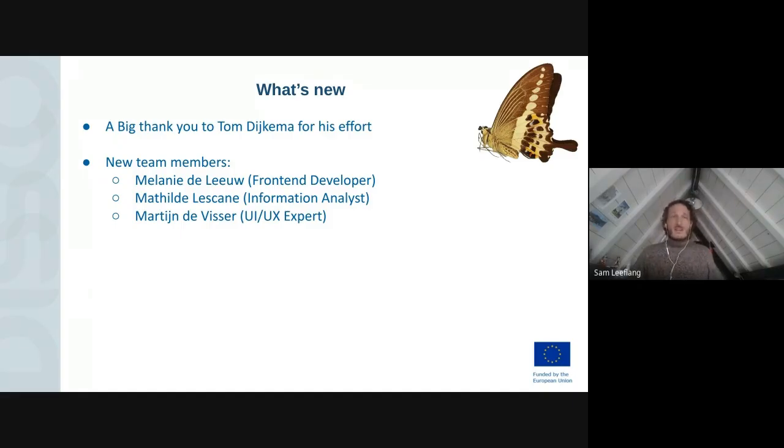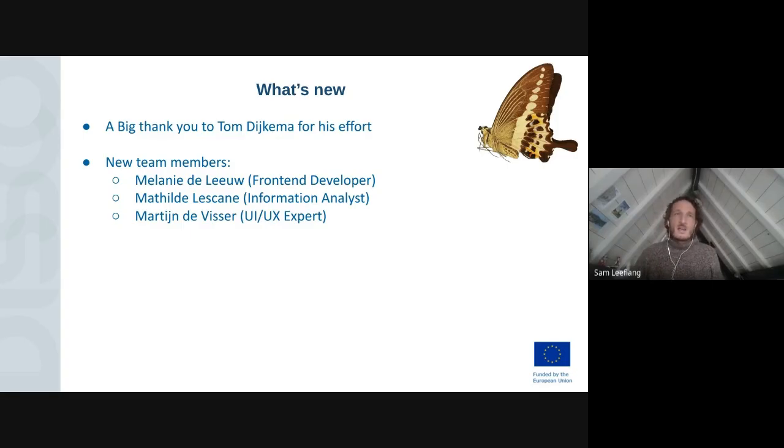But luckily, since around May, we had a couple of new team members: Melanie De Leeuw and Mathilde Lescan. Melanie is a front-end developer, so she's replacing Tom. Mathilde is an information analyst, and she's helping us make the connection to users and organizing and structuring the work that we're doing.